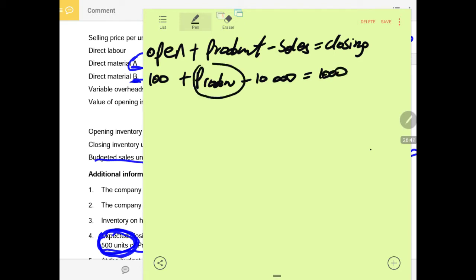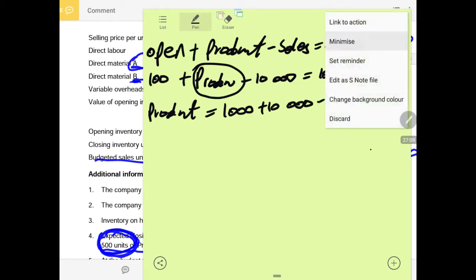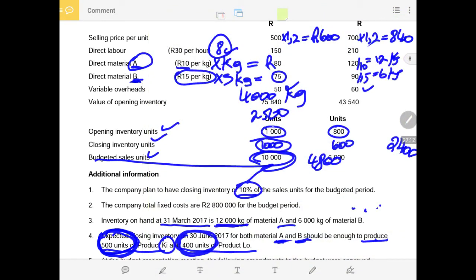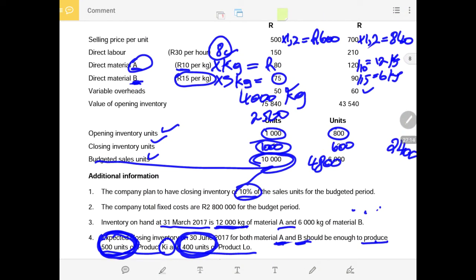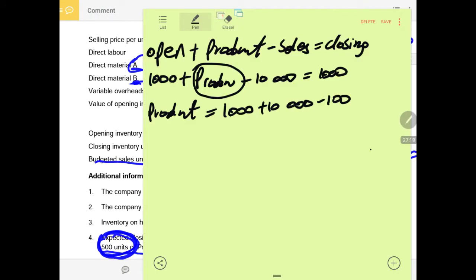Remember, we are looking for the production. So now we say our production equals 1,000, that was already on the other side, plus sales of 10,000. When a number goes over the equal sign, it becomes the other sign, minus. Let us check if the opening was 1,000 units. Opening is 1,000, so it becomes negative.